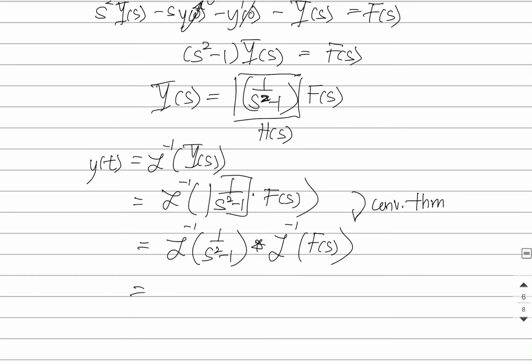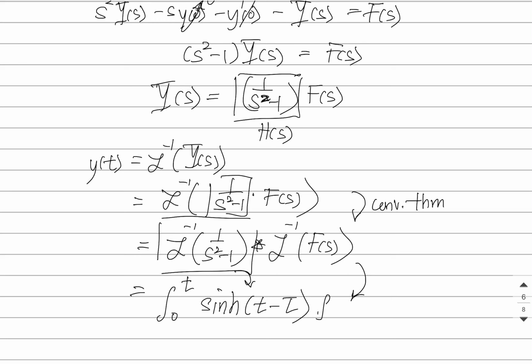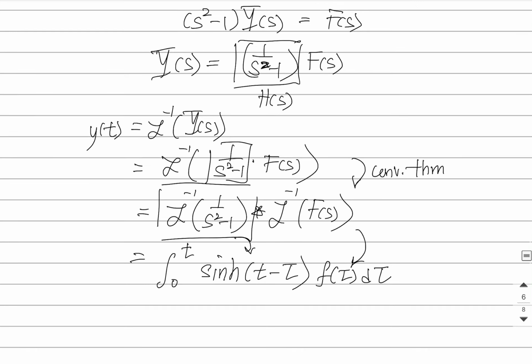And that would lead us to an integral from 0 to t. This is a sinh function, but it would be shifted, t minus tau, according to the convolution theorem, and we would have f of tau d tau. And that is our solution.